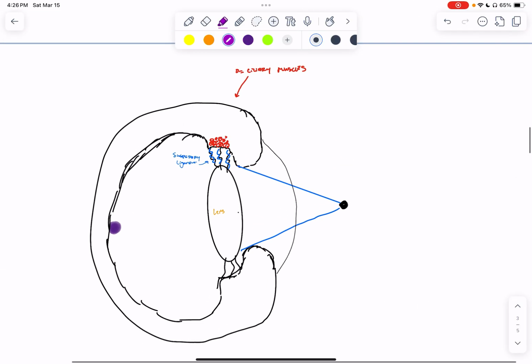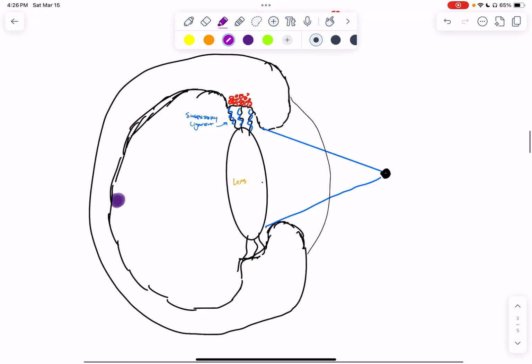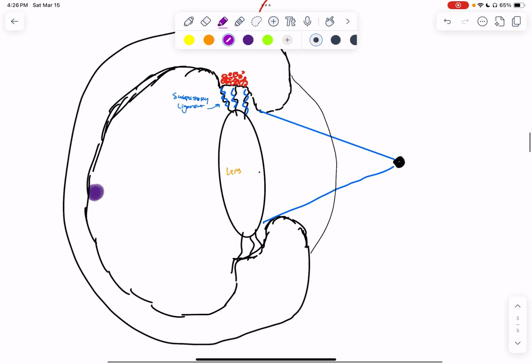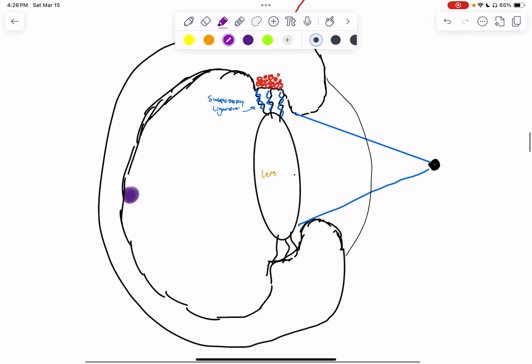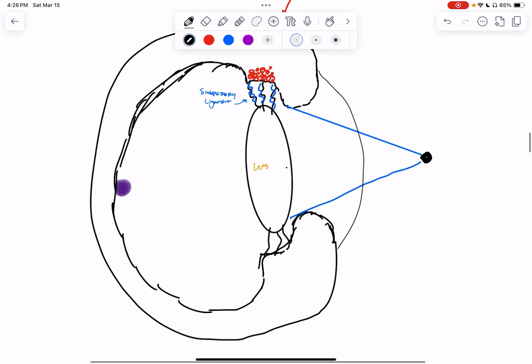Okay, now we're going to talk about the eye. So here in this dark spot right here, we have pre-drawn out, this dark area is the macula densa.